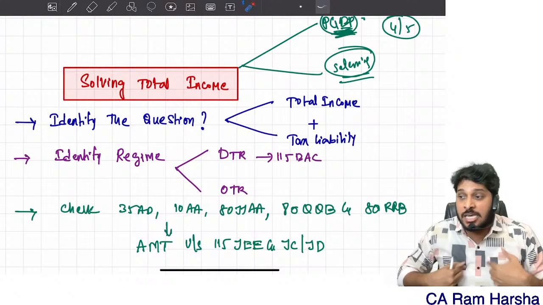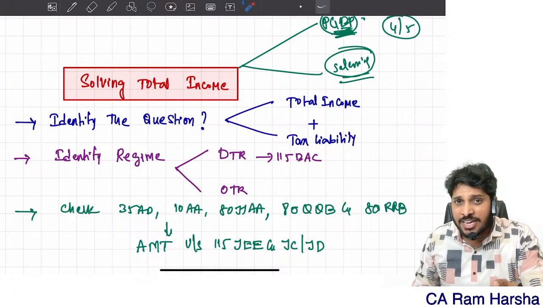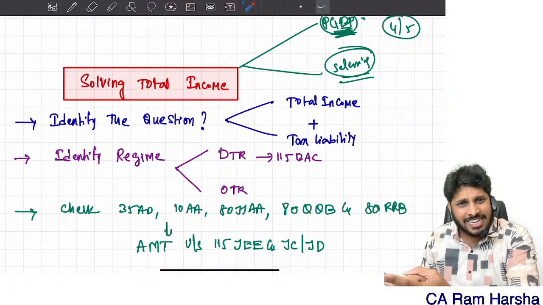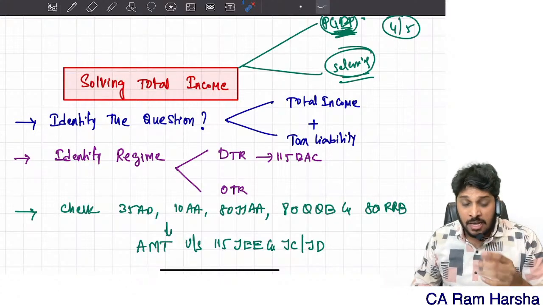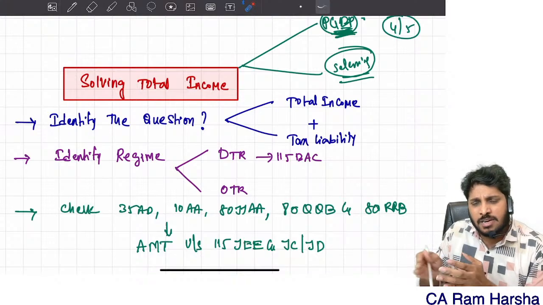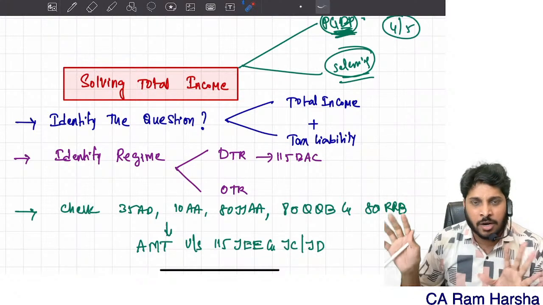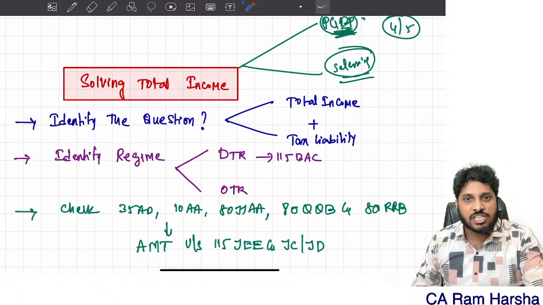I may have 2 self-occupied properties; for both put together, the maximum interest I can claim is 2 lakh or 30,000. 2 lakh is applicable if the loan is borrowed for purchase or construction. The 30,000 limit is applicable if the loan is borrowed for other purposes, such as repair, renovation, or reconstruction, other than purchase or construction.